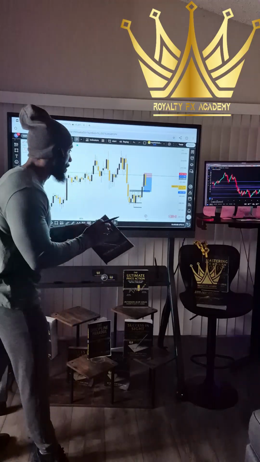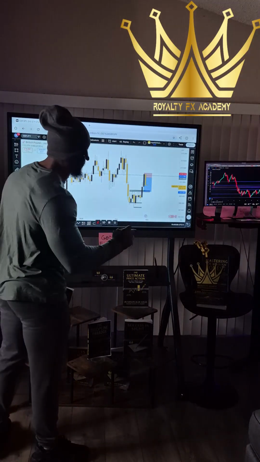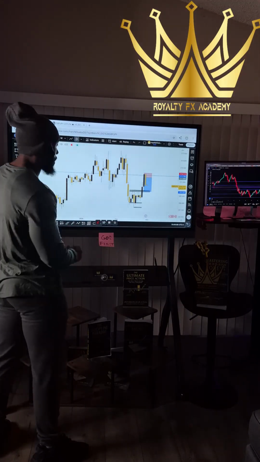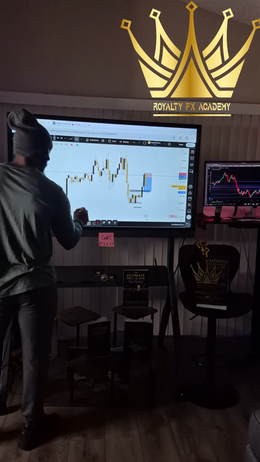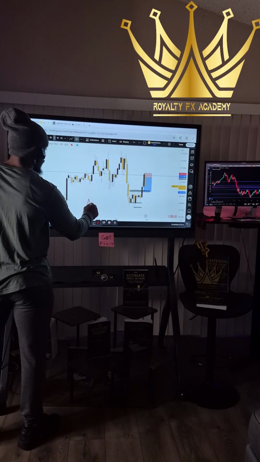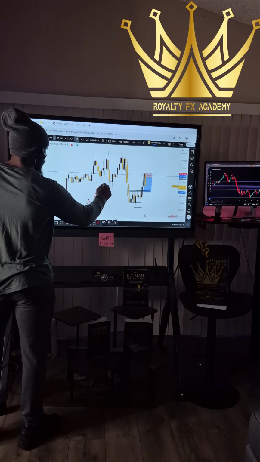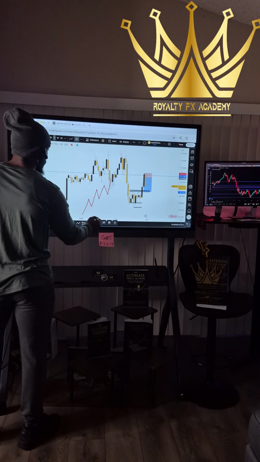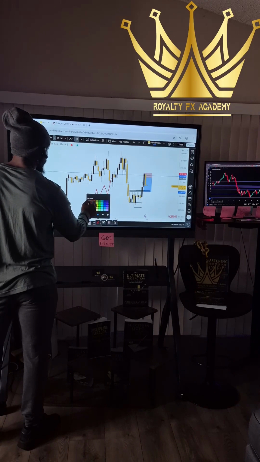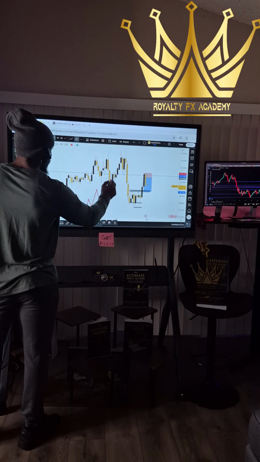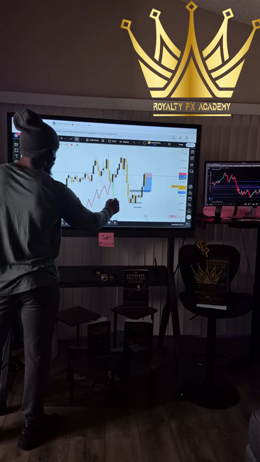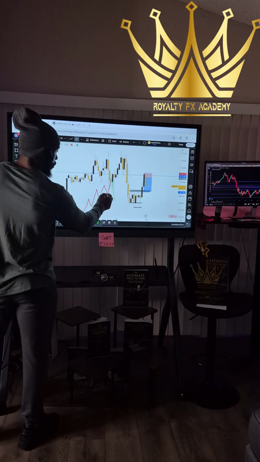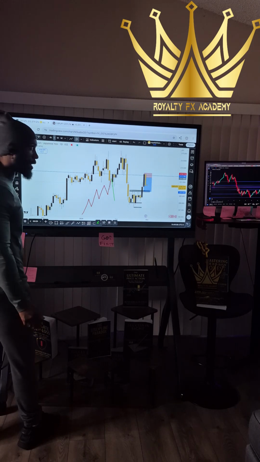All right. So look, this setup itself is a break and retest. A break and retest is when the market is buying, see us stepping up. And then out of nowhere, it fell and went past the previous bottom point that it was before it went up.